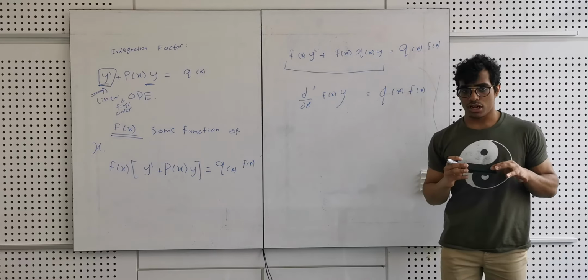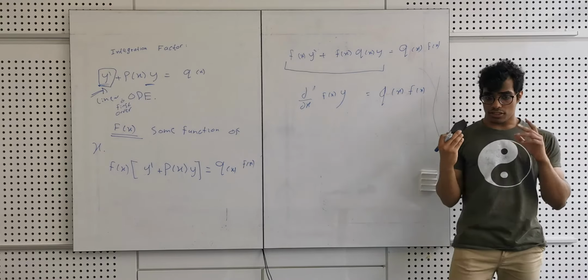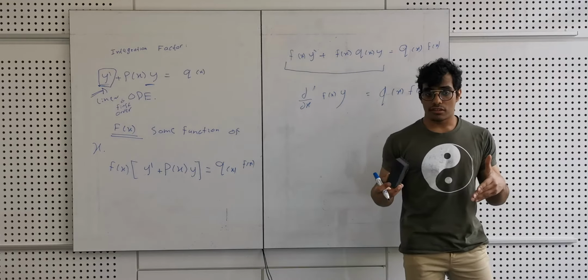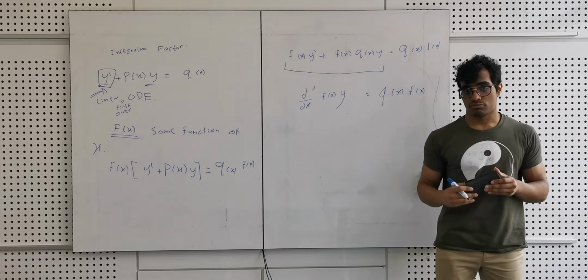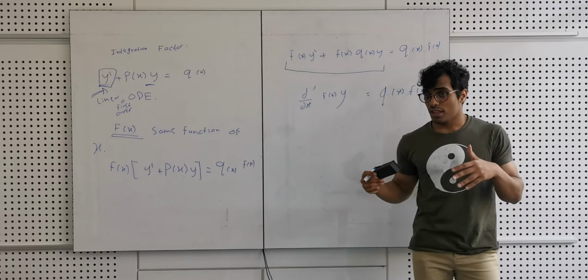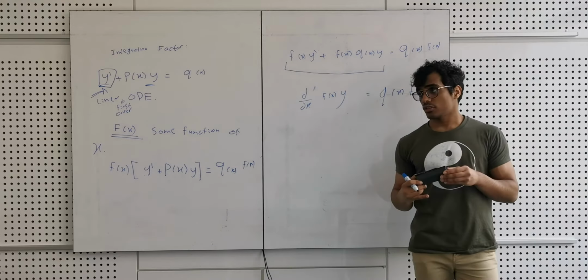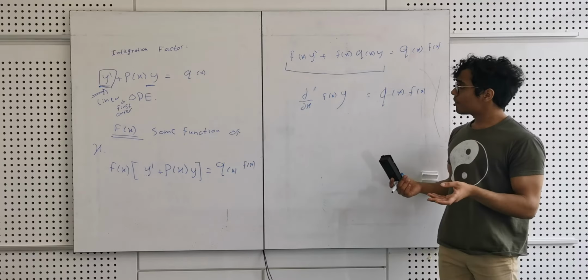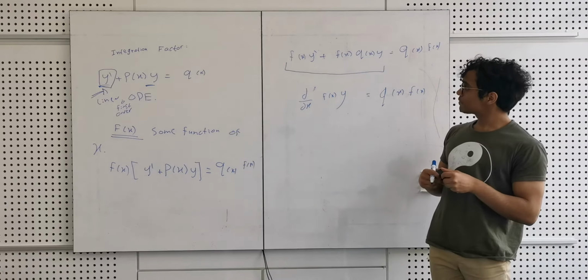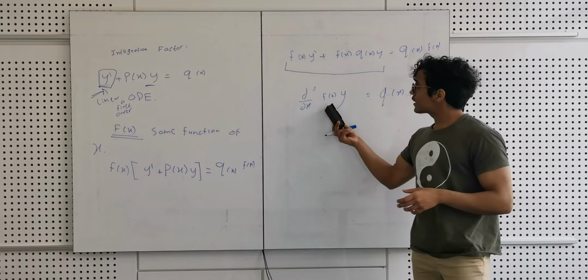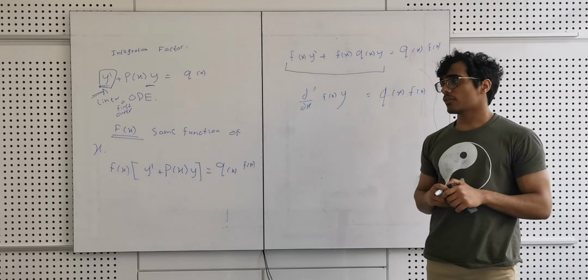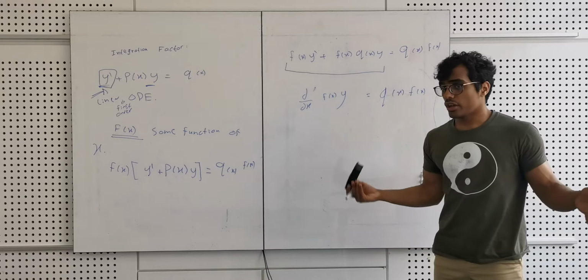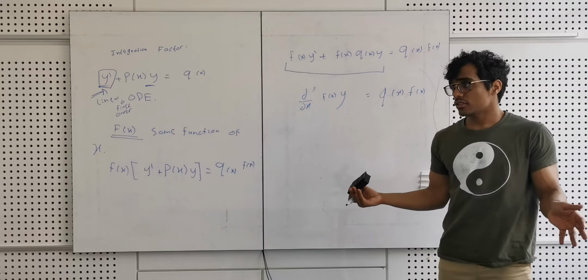So which function are we talking about? Let's try to solve it and think about it at the same time. So this function is most probably going to be an exponential function, because once we differentiate the exponential function, nothing can happen to it.